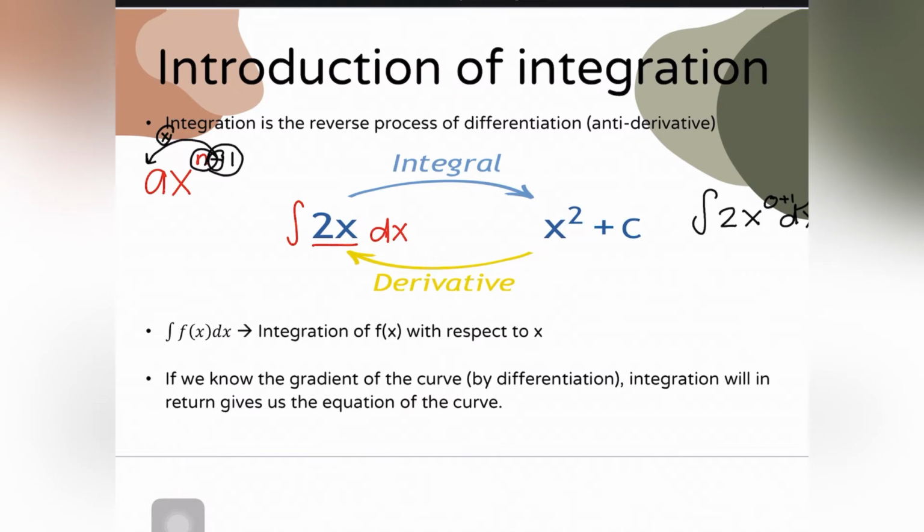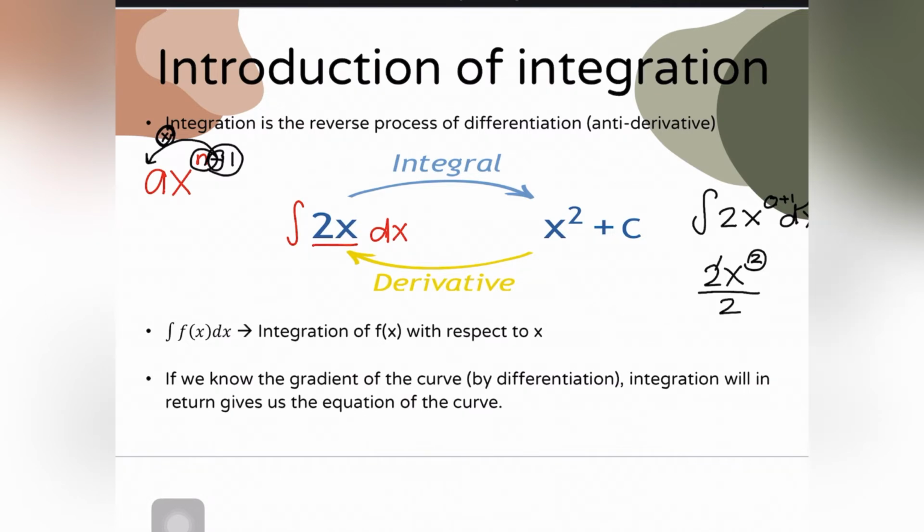So you have 2x here, the power is 1, plus 1 you will get 2. That is the first step. And the second step is you need to divide. If in the derivative you used the operation of multiplication, now in integration you will use the operation of division. So you need to divide by the new power here, which is 2.